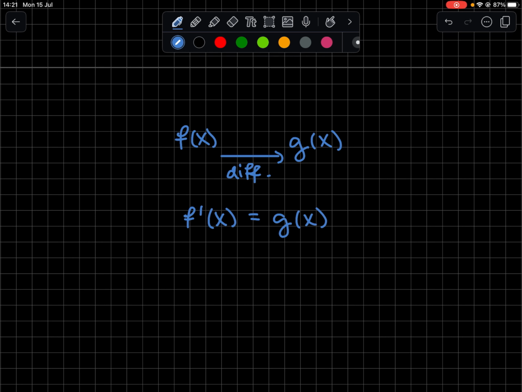But how can we write f of x in terms of g of x? And we do that with an integral. And that's the sign for an integral. And we can draw our little arrow here to symbolize integration.